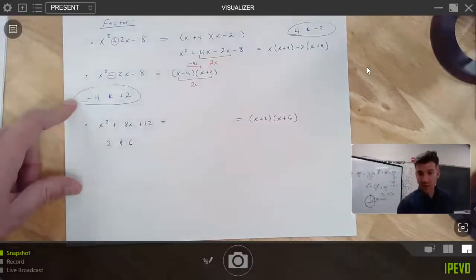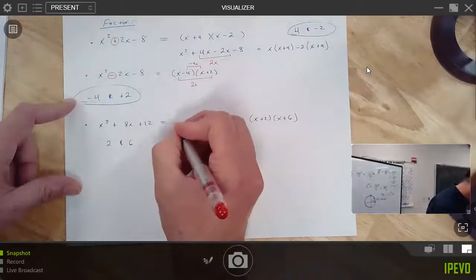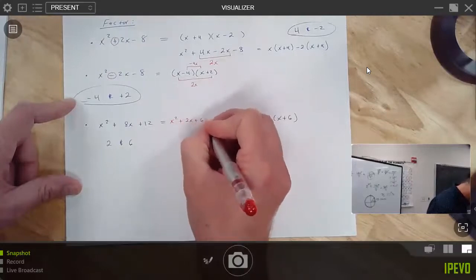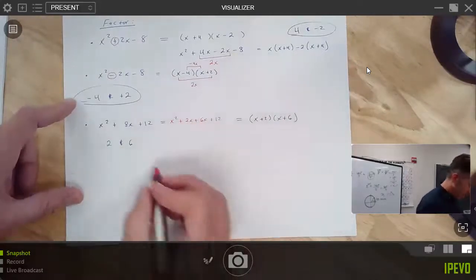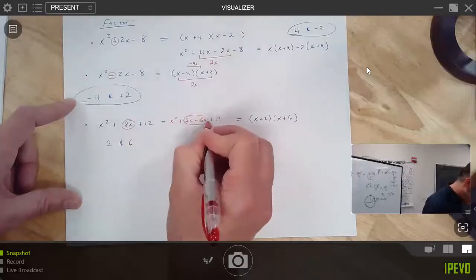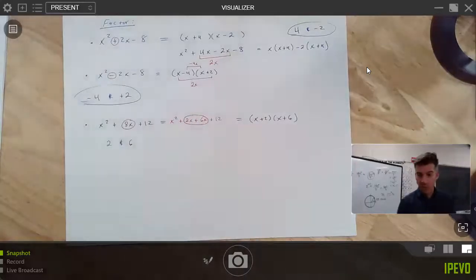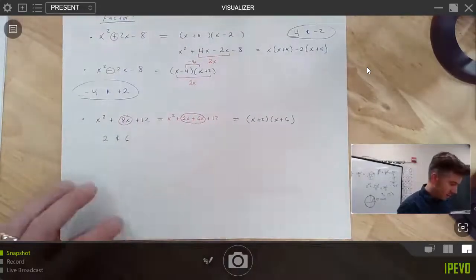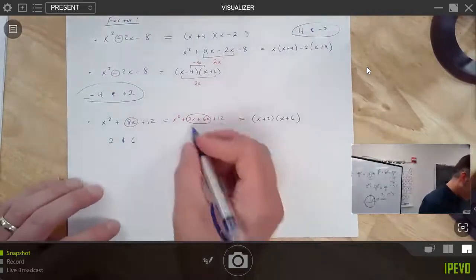But you could also take the intermediate step of factoring by grouping. I'm going to write x squared plus 2x plus 6x plus 12. Again, we're just rewriting the middle term as the sum of two smaller terms, and the coefficients have to multiply to 1 times 12. And then we factor by grouping.